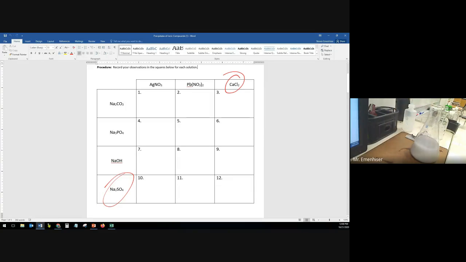I mean, it's just caked with solid. I can't see that, darn. What if I mix these two together? Boom. I hope there's no explosion.